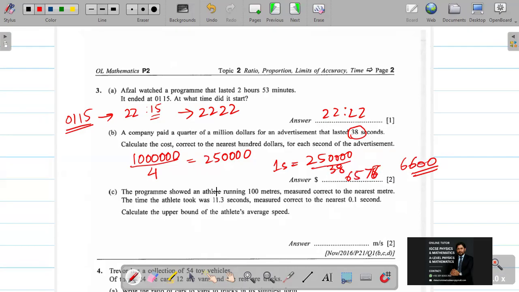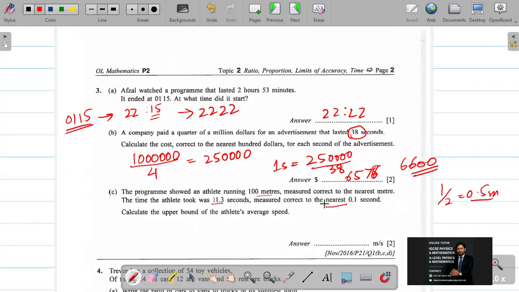The program showed an athlete running 100 meters, measured correct to the nearest meter. It means we should go for upper bound and lower bound of 0.5, because 1 meter is the nearest, so 1 divided by 2 is 0.5 meters. He is saying the time the athlete took is 11.3 seconds, measured correct to the nearest 0.1 second.